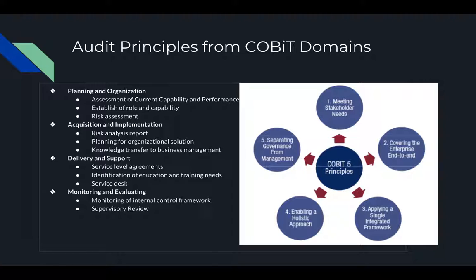Last part is knowledge transfer to business management, where management and employees will get training from the IT staff so they can improve their knowledge of CRM and its role and security.